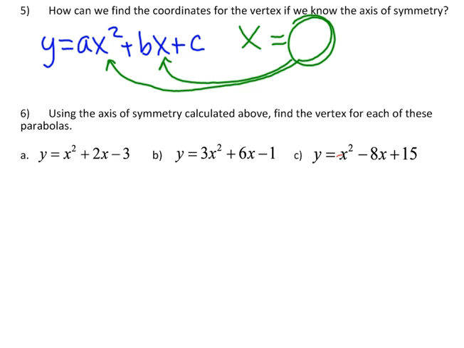Okay, it says using the axis of symmetry calculated above, find the vertex. So let's go ahead and write down what the axis of symmetry was for each of those. For the first one, it was x equals -1. For the second one, it was x equals -1. And for the last one, it was x equals 4.